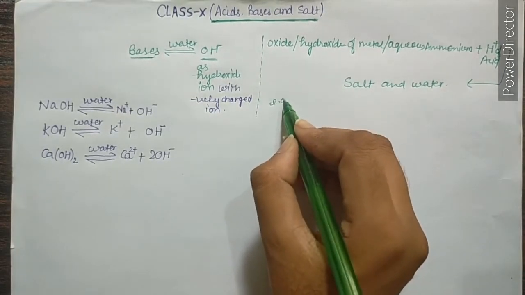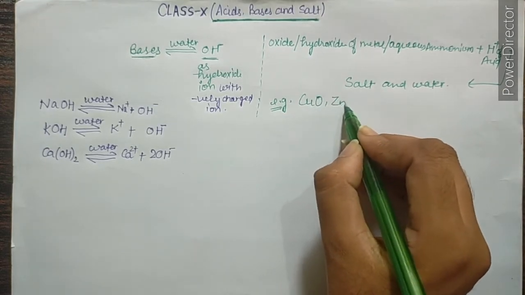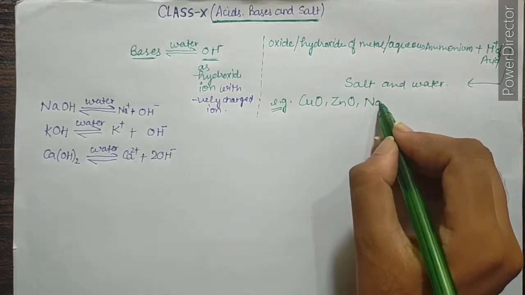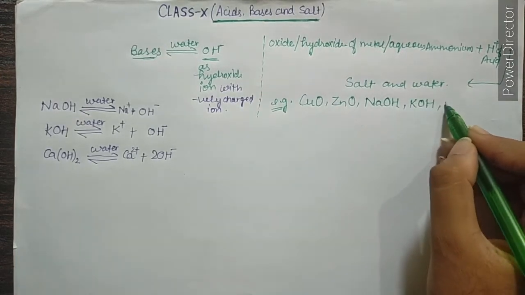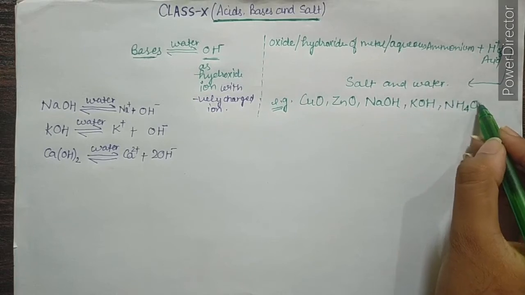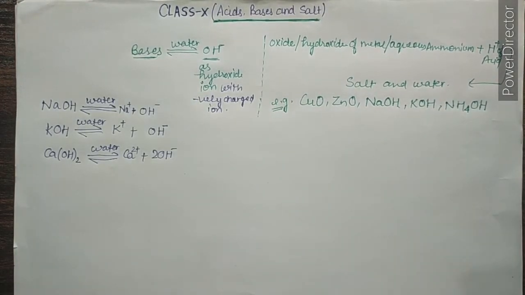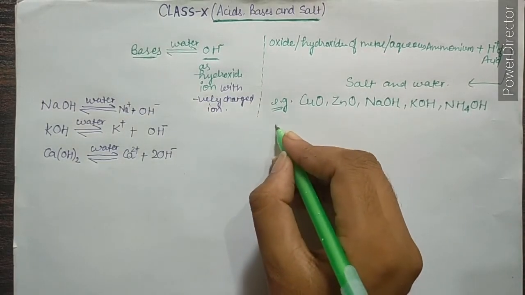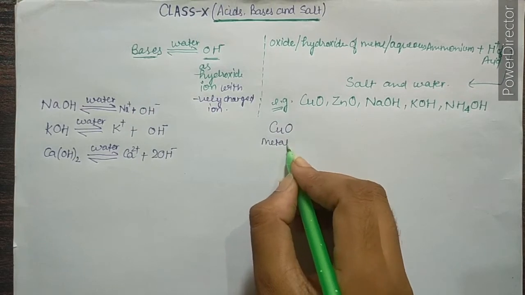For example, CuO, ZnO, NaOH, KOH, NH4OH, that is ammonium hydroxide. Take CuO as a metal oxide.